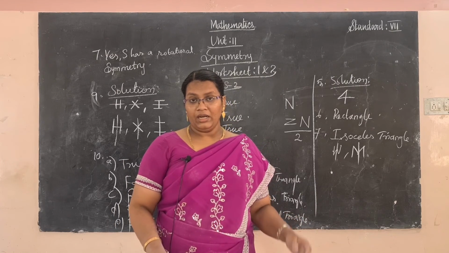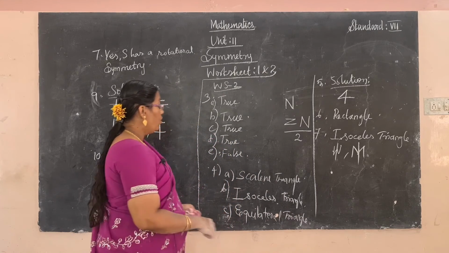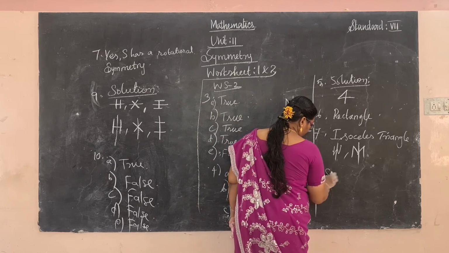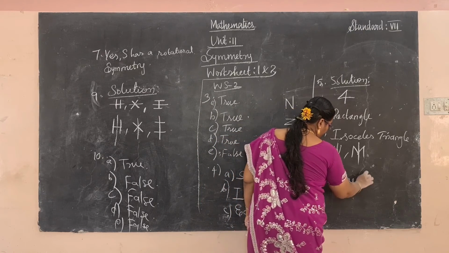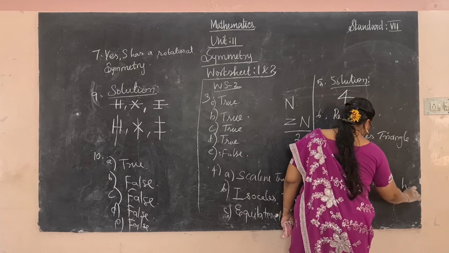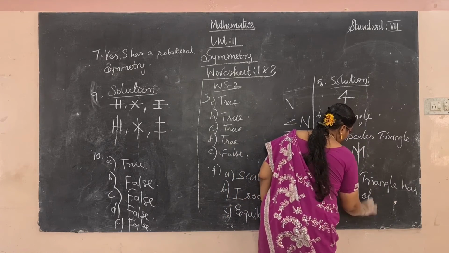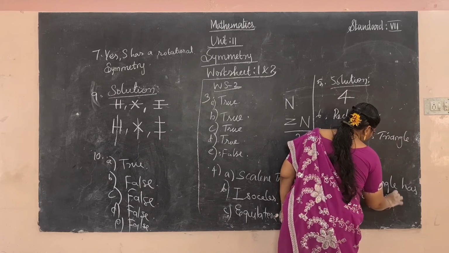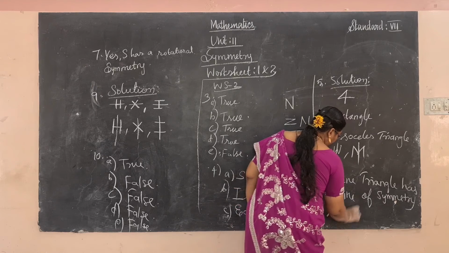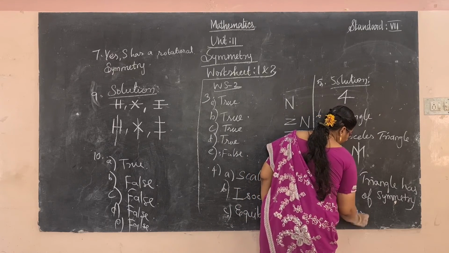A scalene triangle has no line of symmetry and no order of rotation.